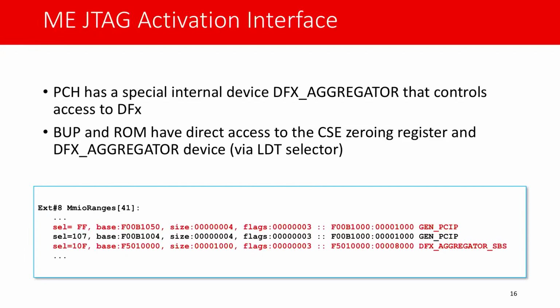Intel Management Engine uses two devices to support hardware debugging: the DFX aggregator, which manages DFX functionality, and the CCS zeroing register from a device called GAN. Only BUP and ROM use this device.